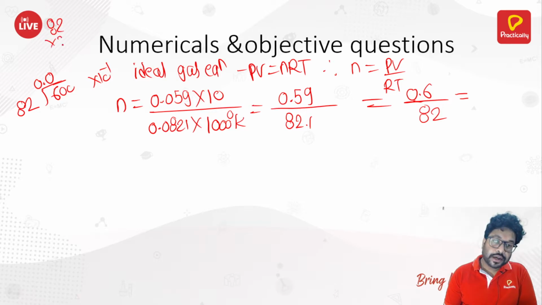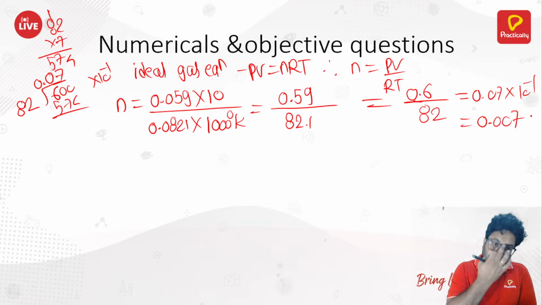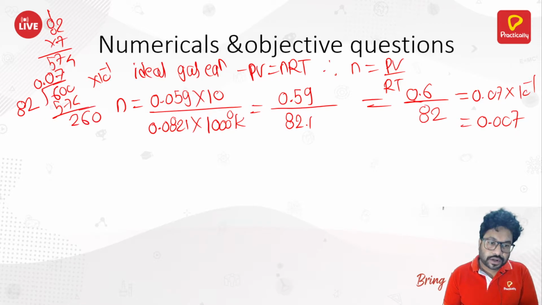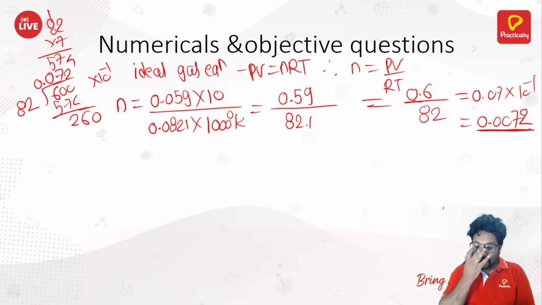So 82 into 7: 7 2s are 14, 4, 1. 7 8s are 56 plus 1, 57. So 82 7s are 574. So 0.007 multiplied by 10 raised to minus 1, so ultimately it becomes 0.007. So what remains is 26. 82 twos are 144. 0.072. So basically it is 0.072. That is what your n is.